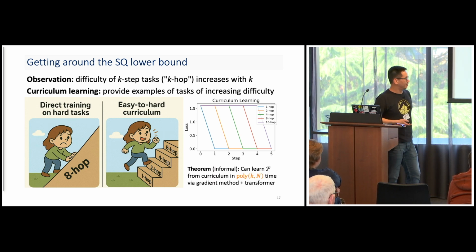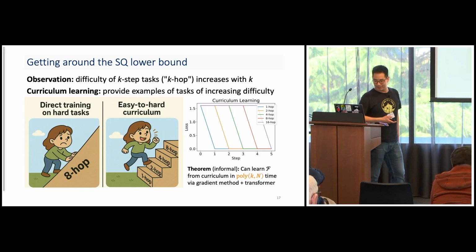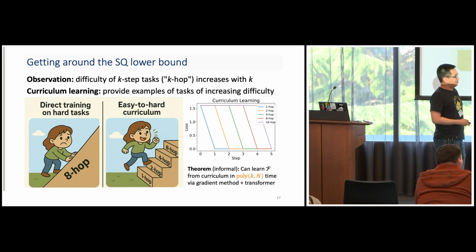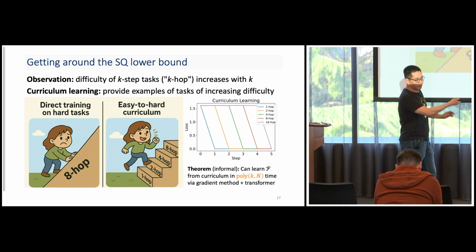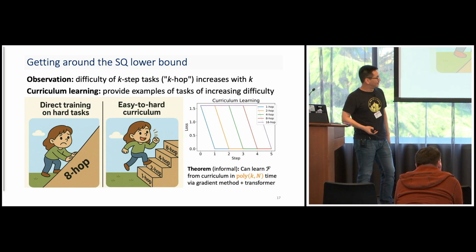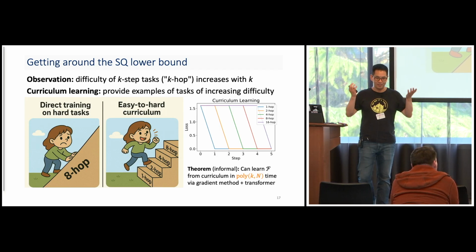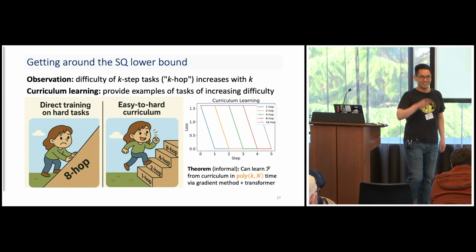The exact theorem statement, and exactly what we mean by curriculum, is a little complicated, maybe not terribly interesting. But this reduces the runtime and sample complexity down to something that's polynomial in both k and n, and even with a practical looking algorithm. I won't say it's actually gradient descent, but it's something that looks like gradient descent.